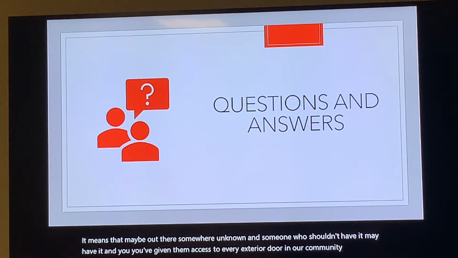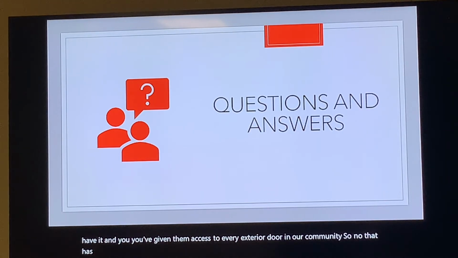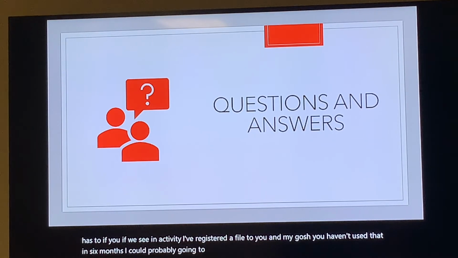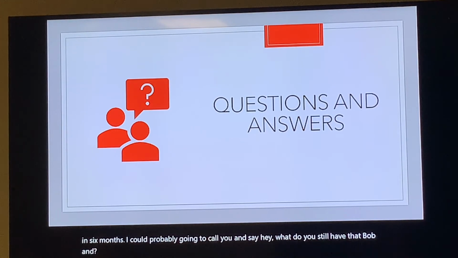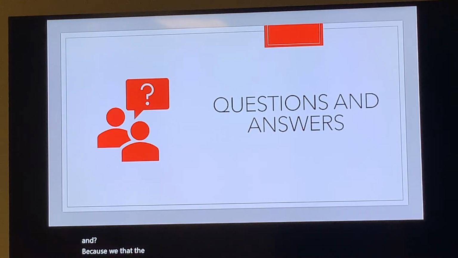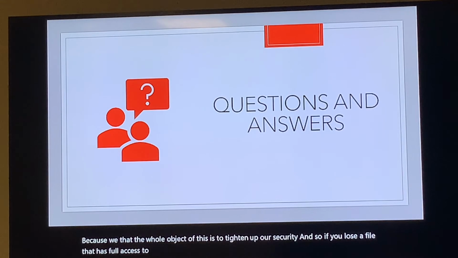So if we see inactivity, like I've registered a fob to you and oh my gosh, you haven't used that in 6 months, I probably am going to call you and say, hey, do you still have that fob? Because the whole object of this is to tighten up our security. And so if you lose a fob that has full access to our building, you have to replace it and you have to notify us.